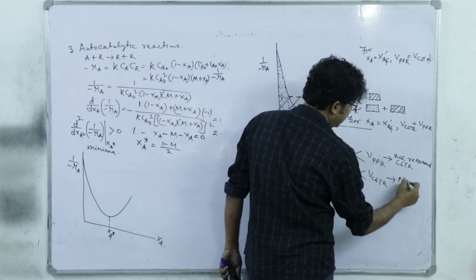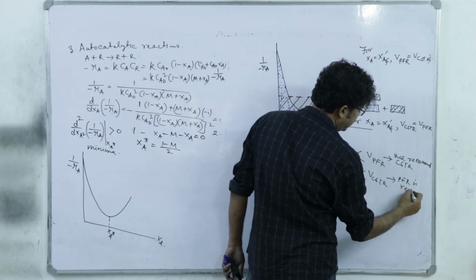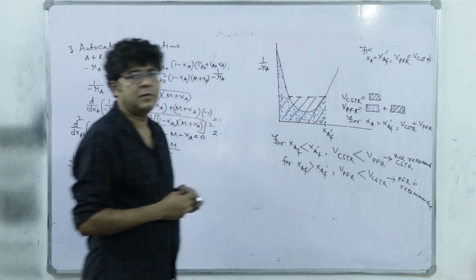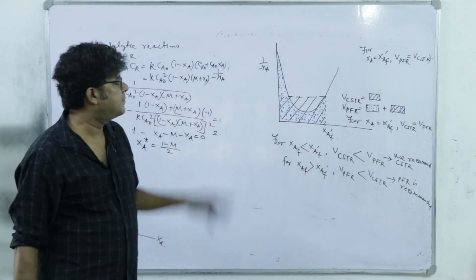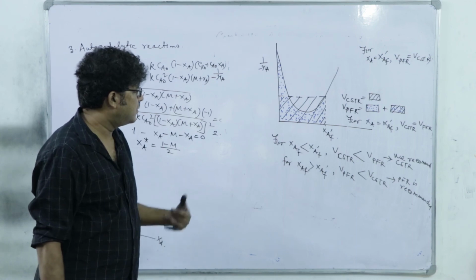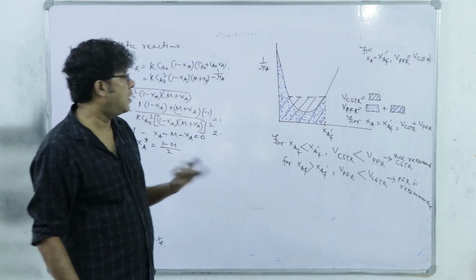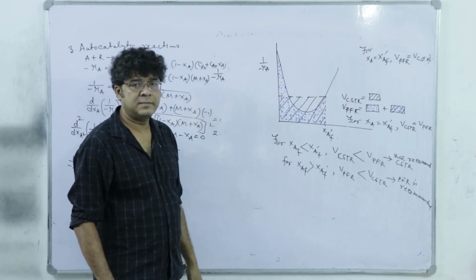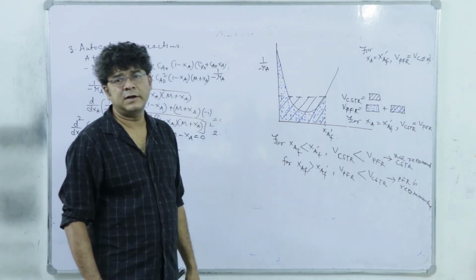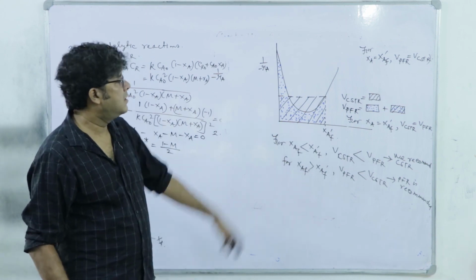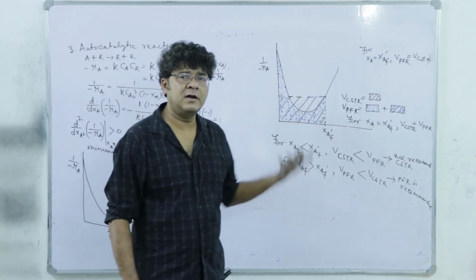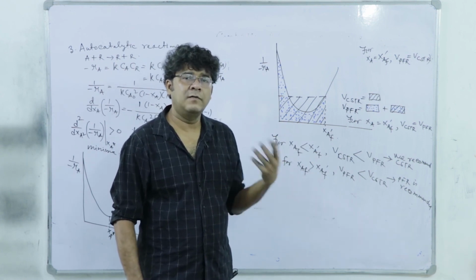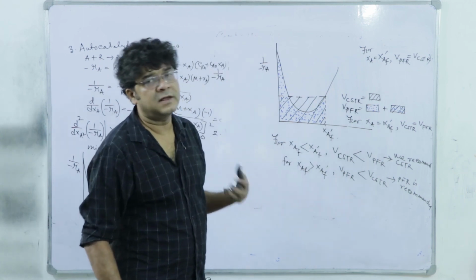So PFR is recommended. Right. So only for autocatalytic reaction, the optimum reactor depends on the desired value of final concentration. But for positive ordered or negative ordered non-autocatalytic reaction, for positive order we recommend PFR, for negative order we universally recommend CSTR.